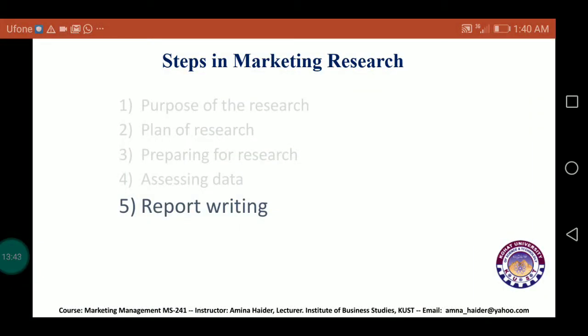Report writing is the last step of the marketing research process. It gives you a complete statement of everything done in a research project and includes a write-up of each of the previous stages. When presenting your collected data, do so in a way that is fully informative.